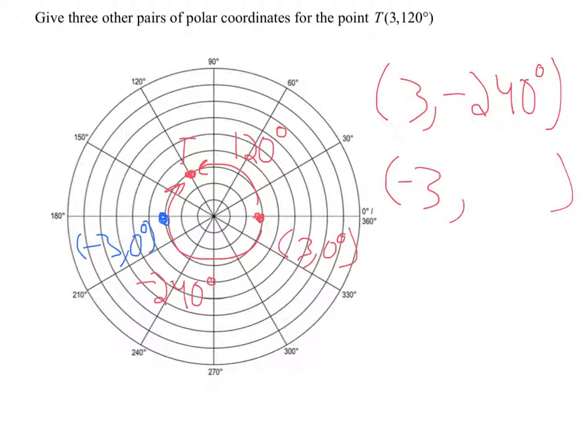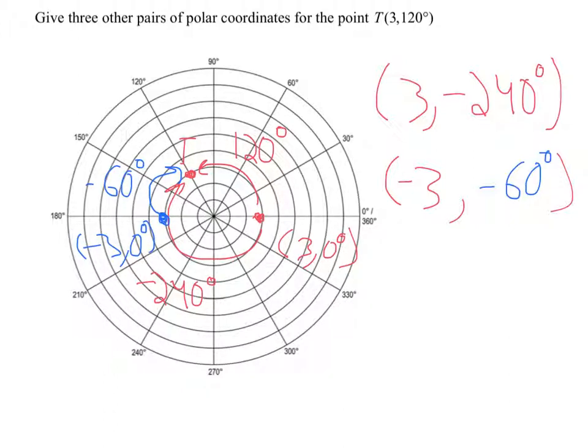And how could I get to T? Well, the fastest way would be to go backwards, right? But since we would be going clockwise, that would be negative 60 degrees.